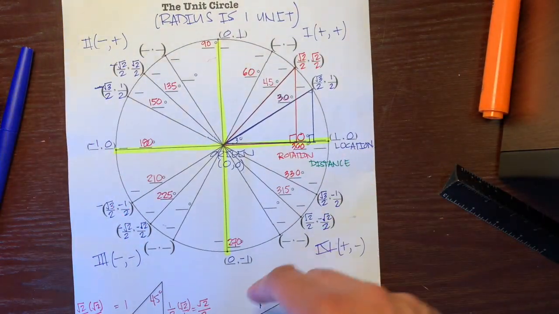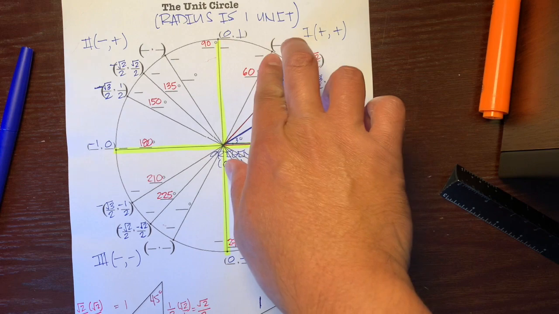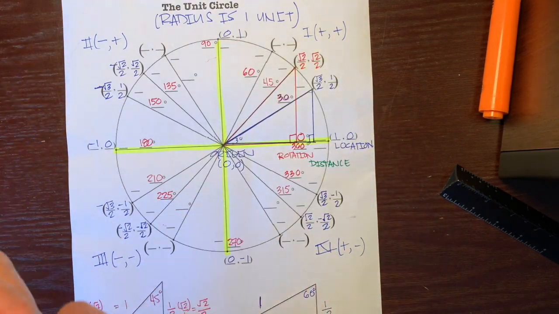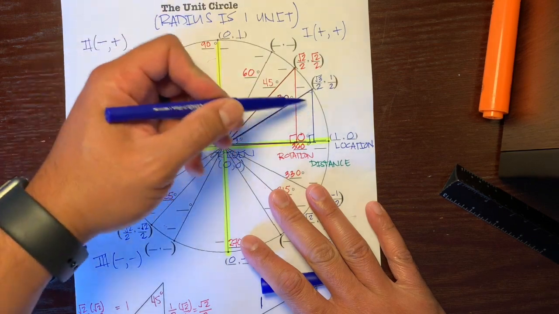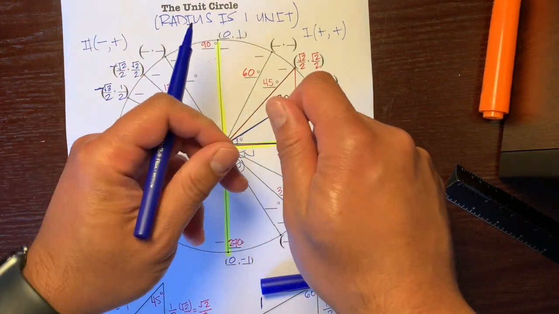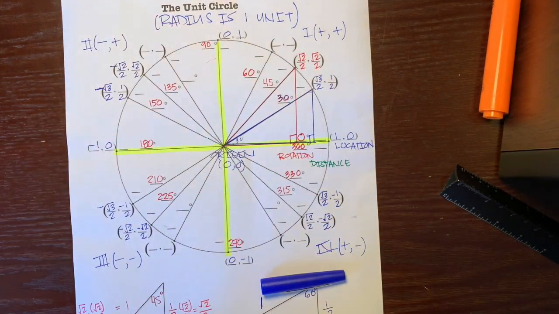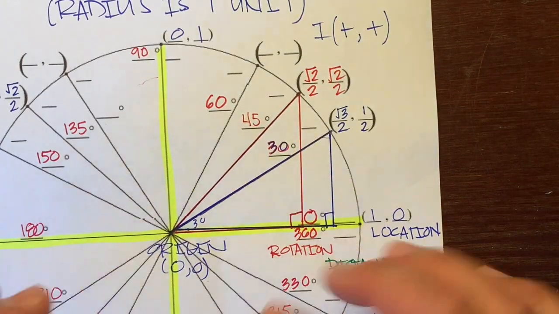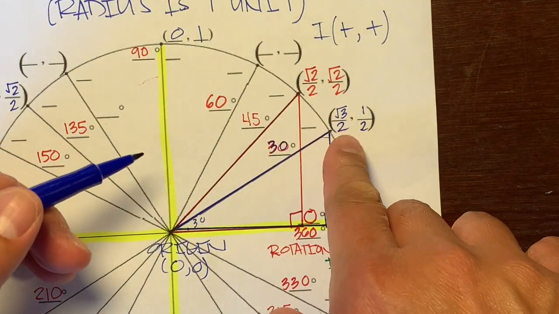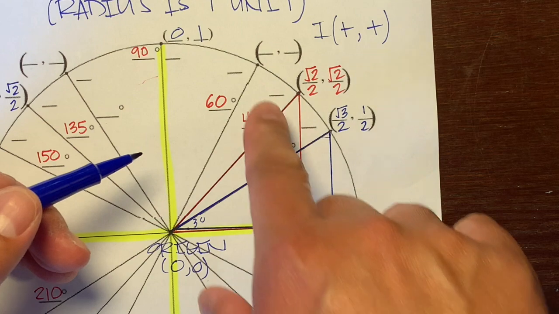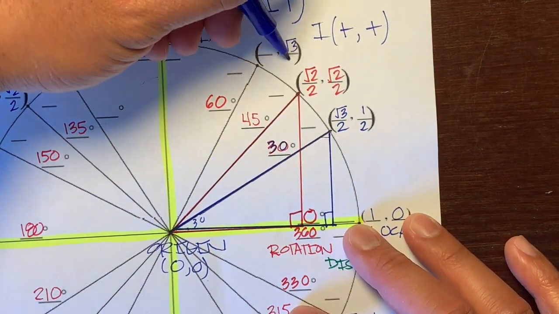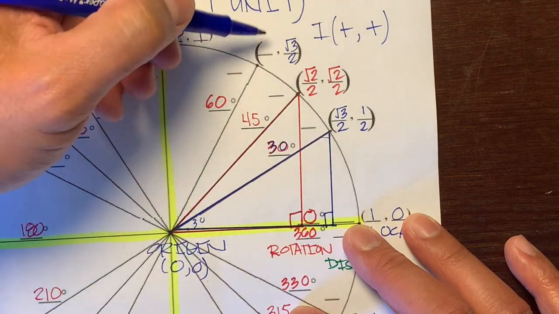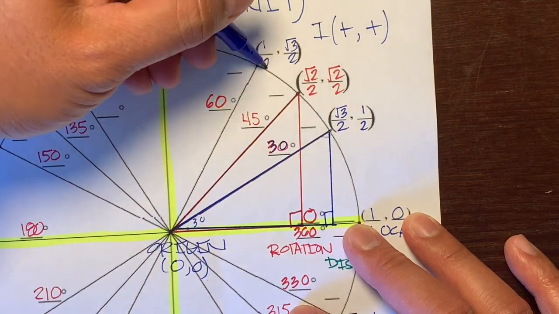So we're just going to switch those two values because a 60 degree rotation is just a 30 degree rotation rotated. So instead of radical 3/2 being the horizontal, for the 60 degree that will be the vertical, so radical 3/2, and the x coordinate would be 1/2.